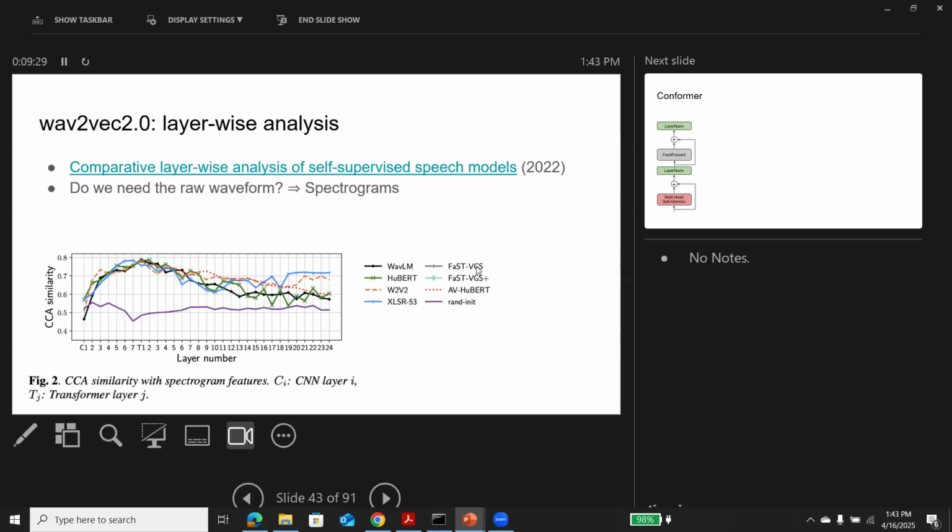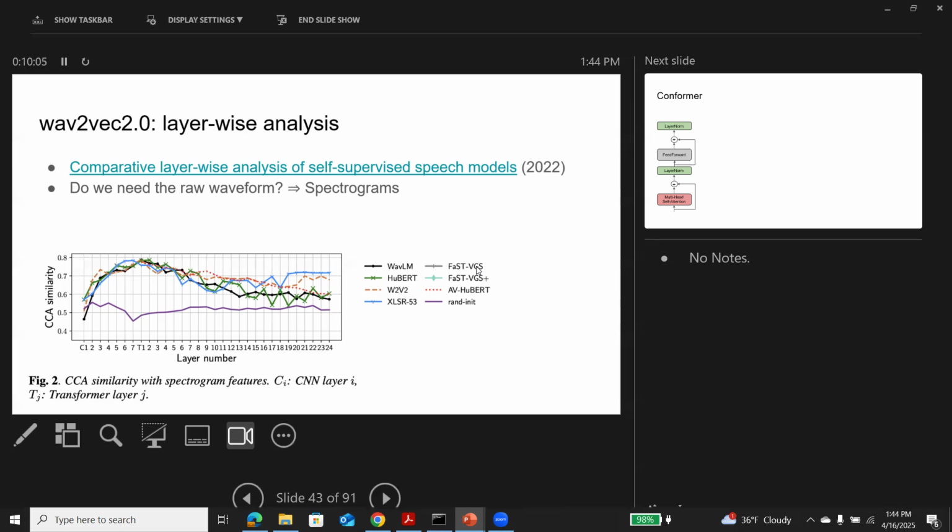So what should we actually use? Spectrogram, spectral representation, or raw audio representation? Historically, if you see any model from Google, it will be on the waveform. If you see any model from Meta, it will be on spectrograms. But which approach is better? So here they compare different models.